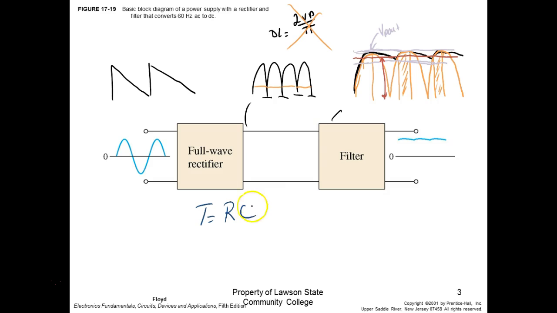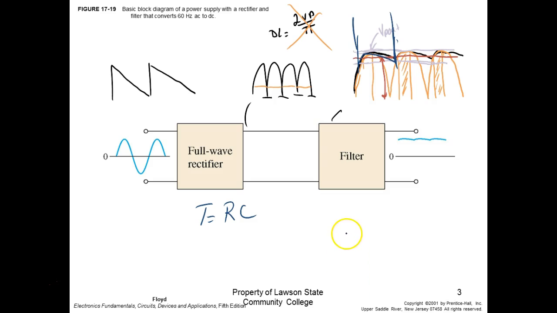So what that's saying is, if I have a certain size C and a certain size R, what would the time be for half wave and what would the time be for full wave? Because that's how long the capacitor is going to run the load.